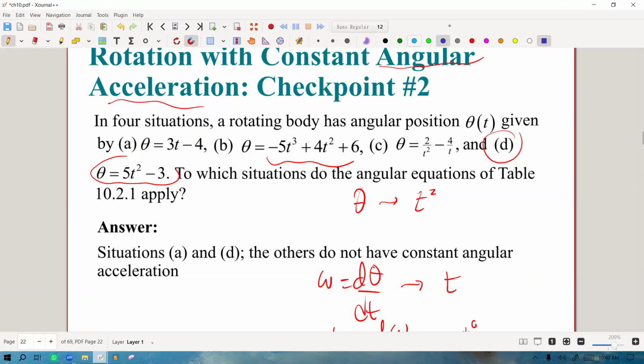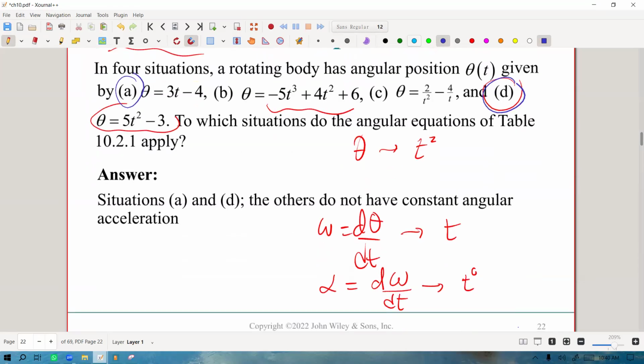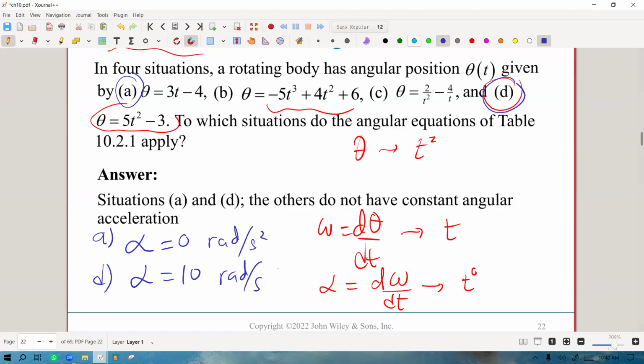So the right answer is A and D. We know that from A, the alpha will be 0. But for option D, here is 10t minus 3 times t squared, so the angular acceleration is a constant in radian per second square. This one is constant acceleration.